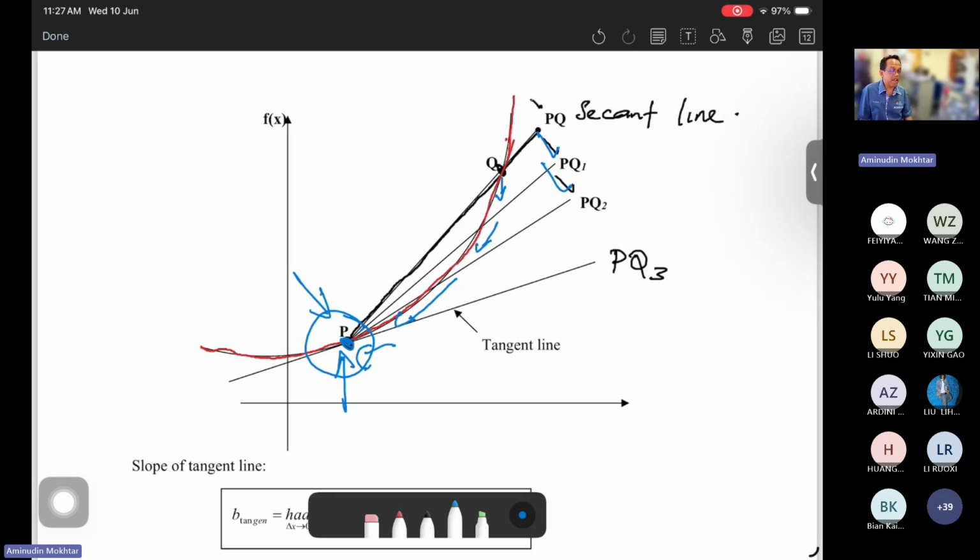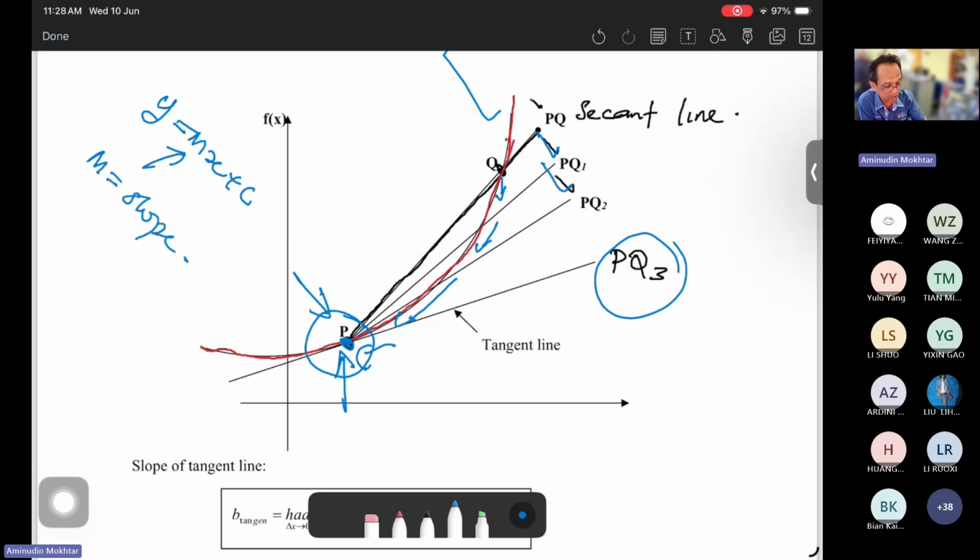That's why the tangent line is very important, because at this point the slope of PQ equals the slope of the curve. So by using this concept in this lecture, for the slope of the tangent line, for example, for a linear function y equal to mx plus c, we know m is the slope.